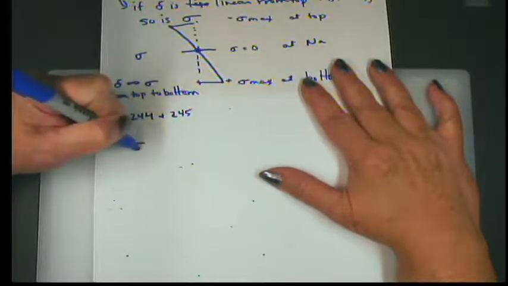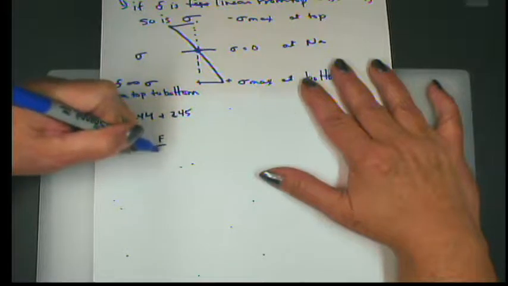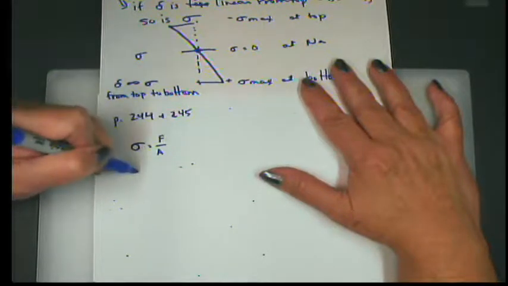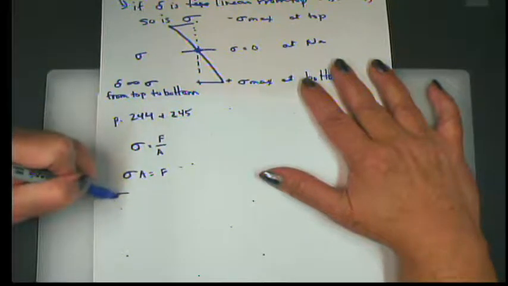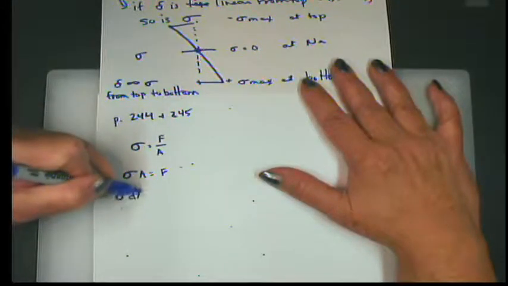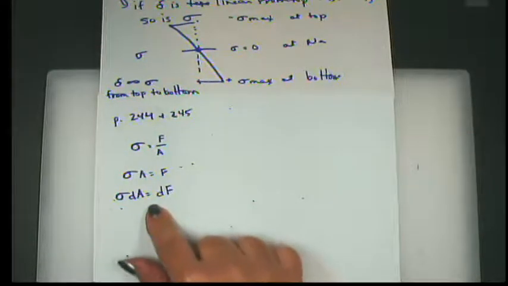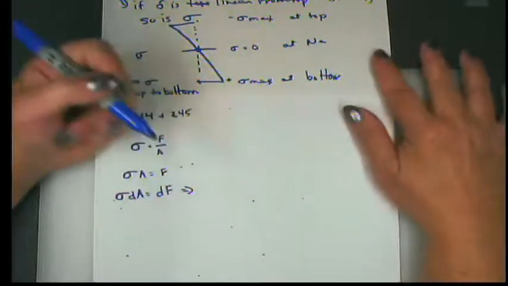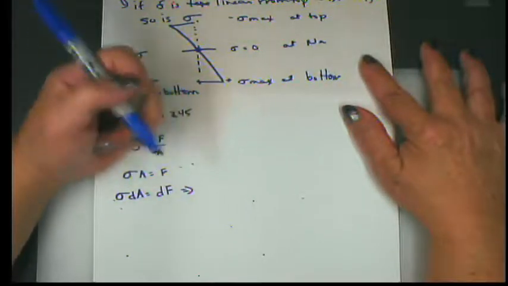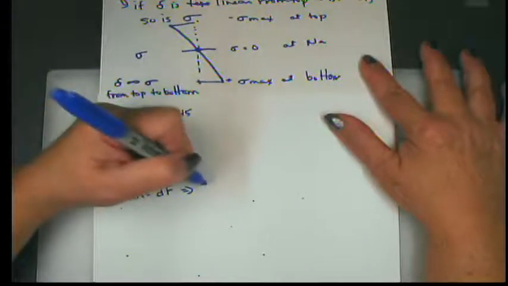We'll say since sigma is equal to some sort of a force over an area, sigma times area is equal to a force. And if we take that down to a differential quantity, we already know that sigma is that linear function.